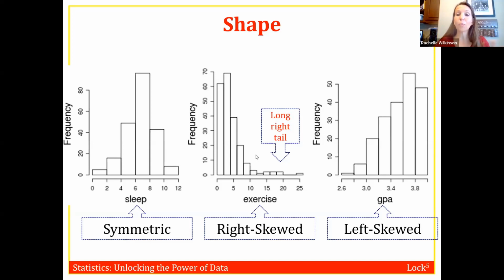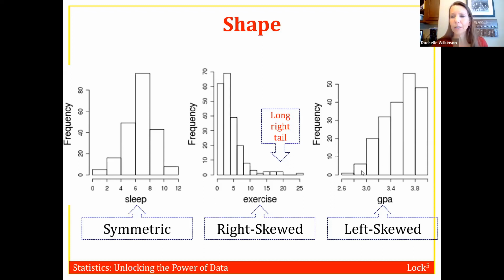That gives me a little bit more information on how the data is distributed, how it varies in that window of 0 to 25. It tells a little bit more of the story because if you tell people exercise went from 0 to 25, that does tell you there are people that didn't exercise at all, and then there were people who exercised like crazy. But it helps to know most people exercised less than 10 hours per week.